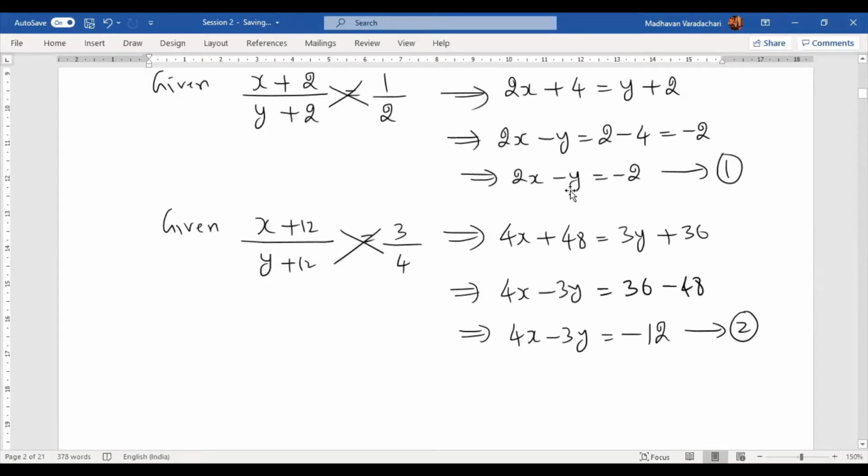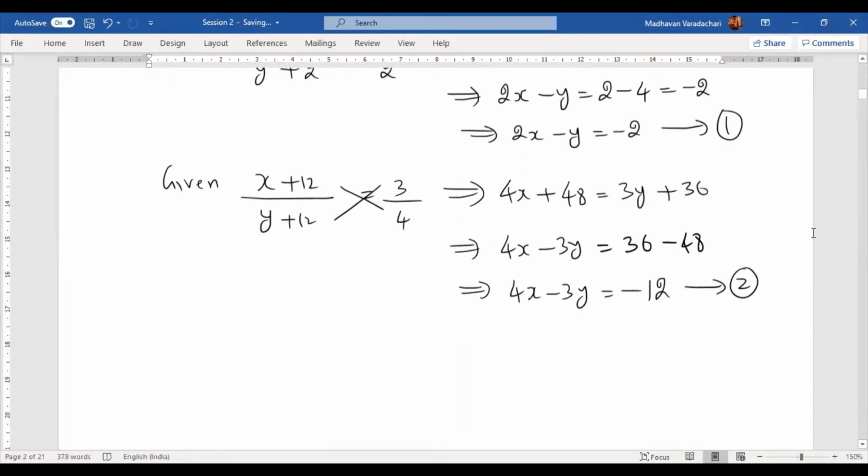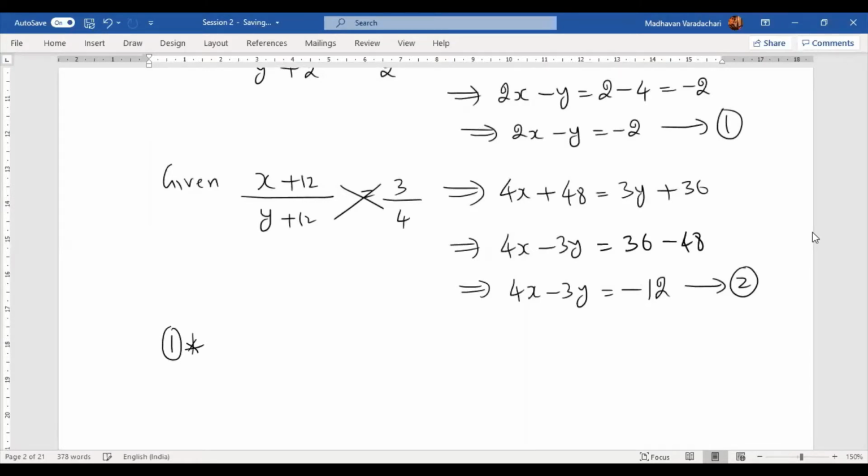That means if I multiply this entire equation by 2, this will also become 4x. Let us do that. First equation we can multiply by 2 to get 4x minus 2y is equal to minus 4. Call this as equation 3.